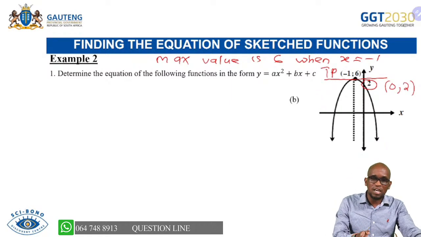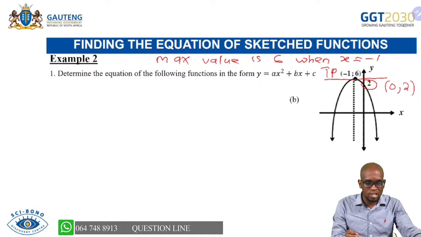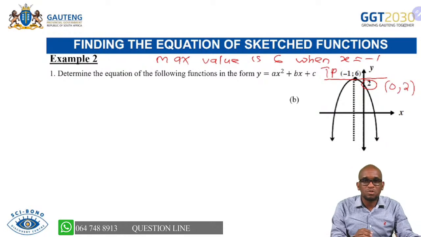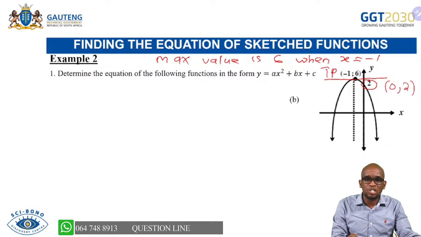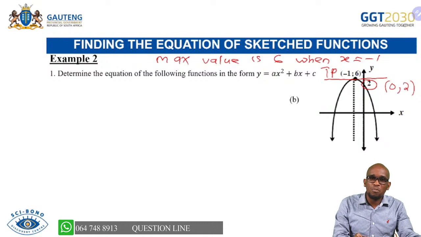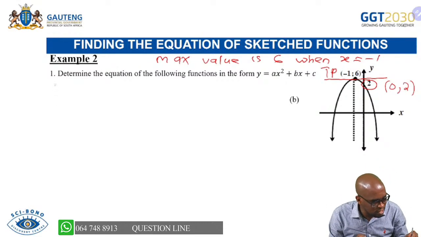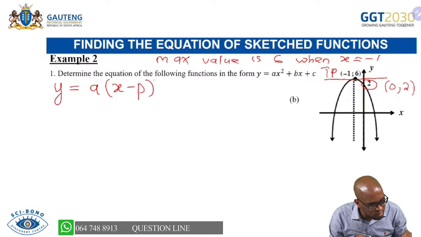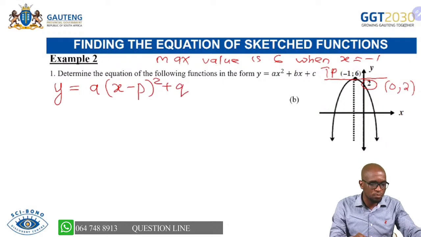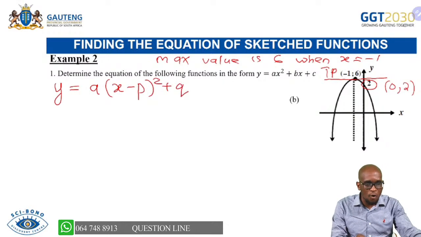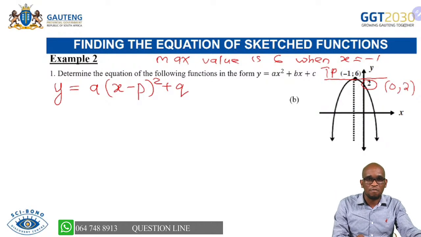If we are given a turning point and an additional point, we need to write down the standard equation that would accommodate the turning point and that particular point. Such an equation is given by y is equal to a into x minus p squared plus q. This is the turning point form of the equation of a parabola.